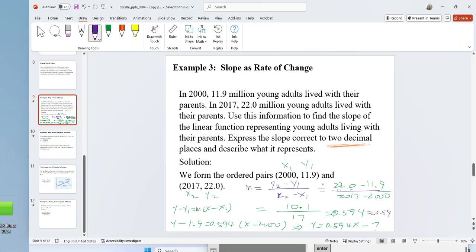So follow the requirement, just 2 decimal places. Then you can calculate the rest, and that is the model in this kind of situation.